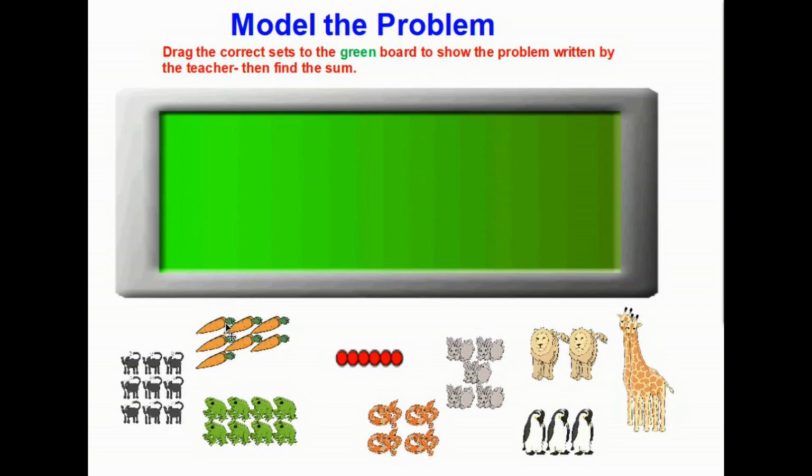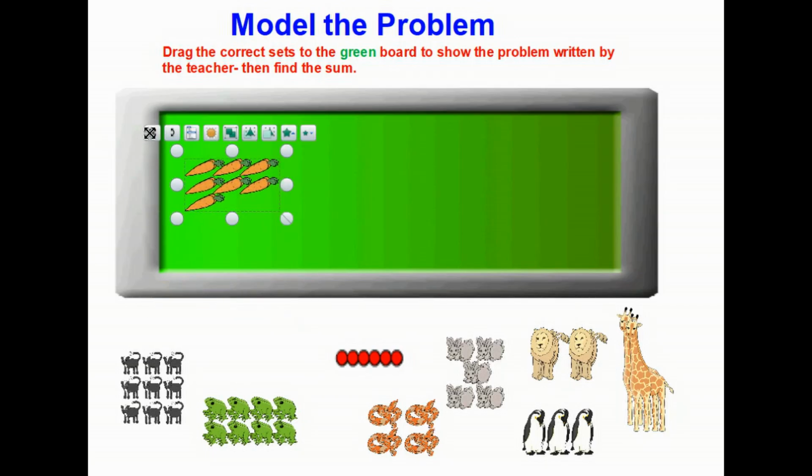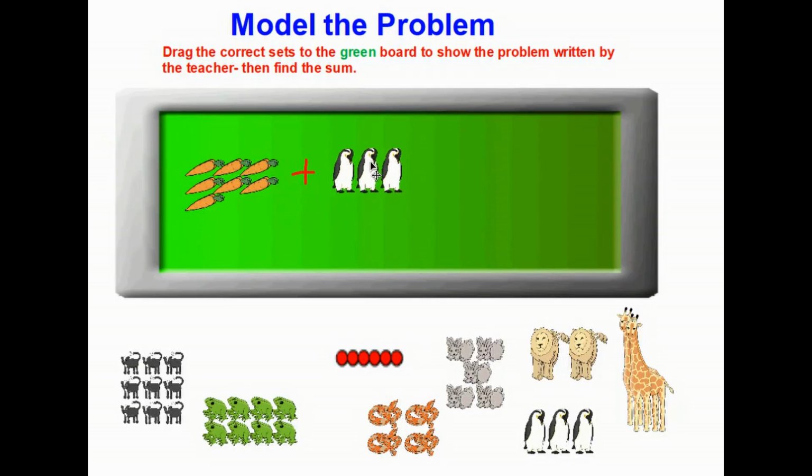Here you have, for example, 7 carrots. I can put this carrot here, and also addition, plus here. Let's say here you have penguins.